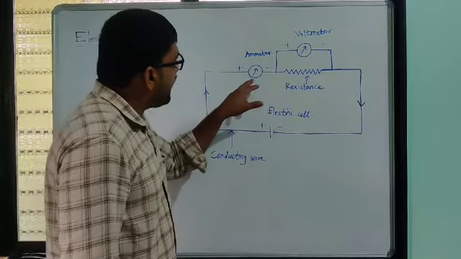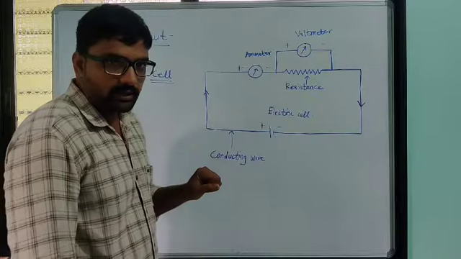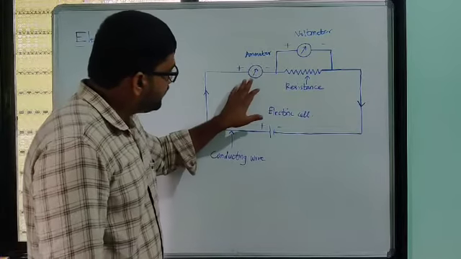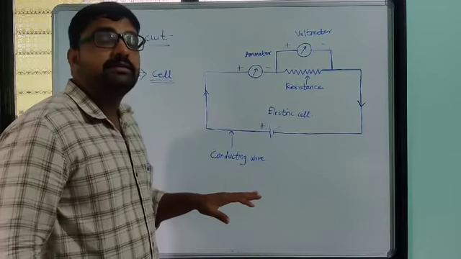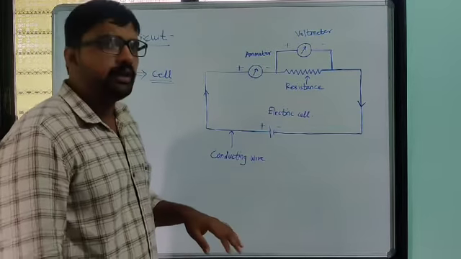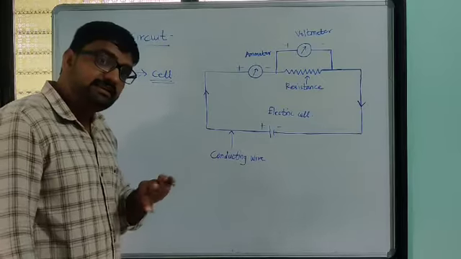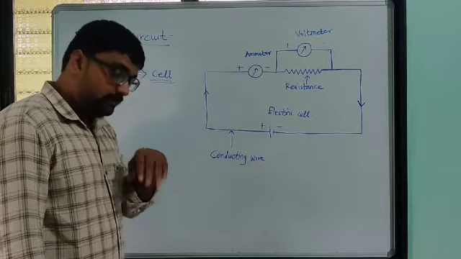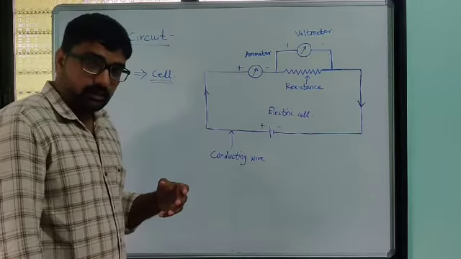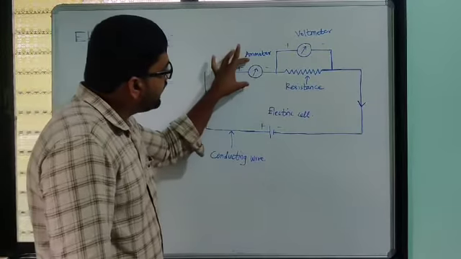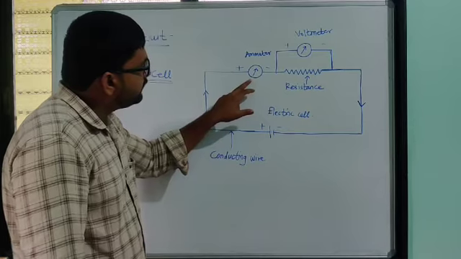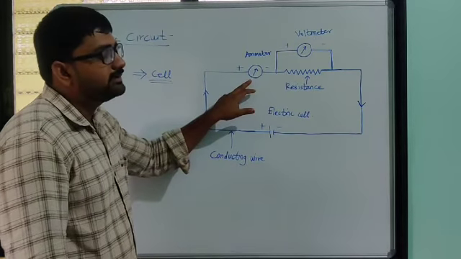Now here one ammeter is used. Ammeters are generally connected in the circuit in series connection. What series and parallel connections are, we will see in the next lecture. For now we have to remember only that an ammeter is always connected in series connection.